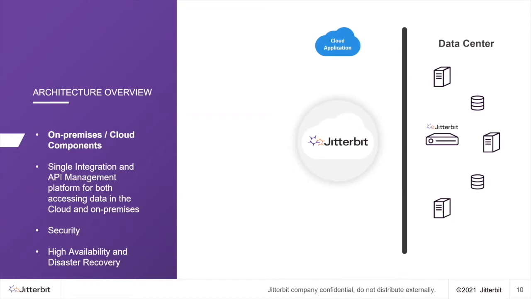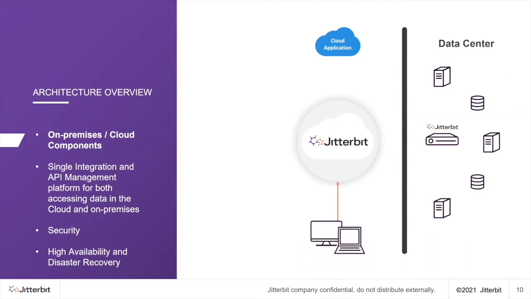The first 2 components you see are the Jitterbit cloud in the center of the slide and a Jitterbit agent, which is next to the firewall, the big black line. Jitterbit agent is a very small footprint which you install in your data center so that it is close to the endpoints behind the firewall.